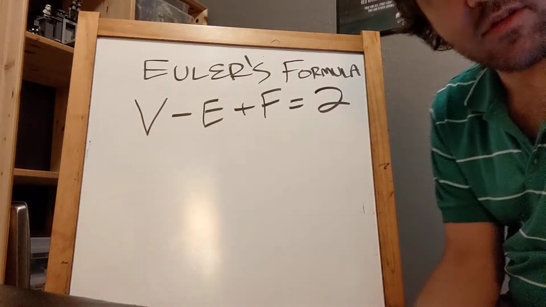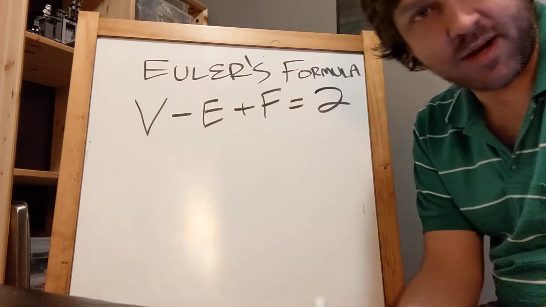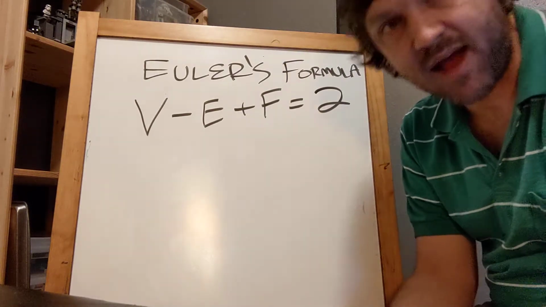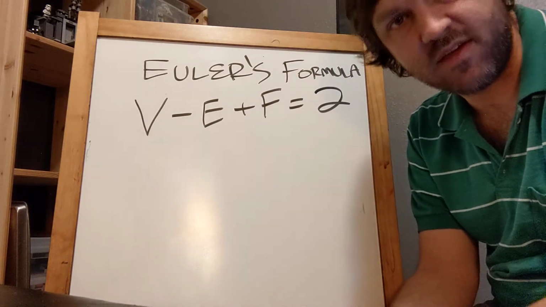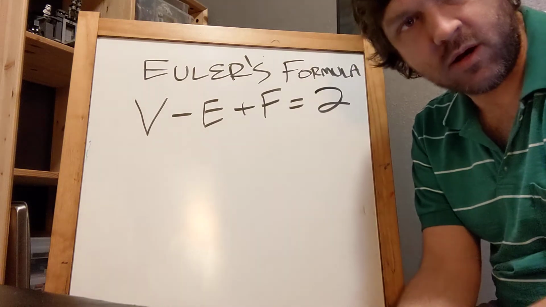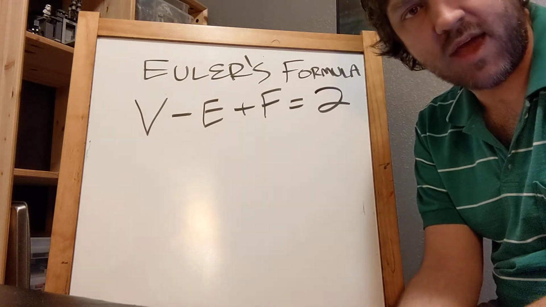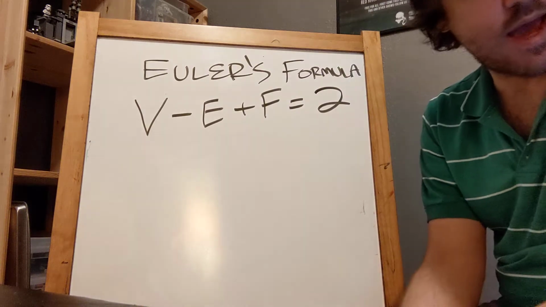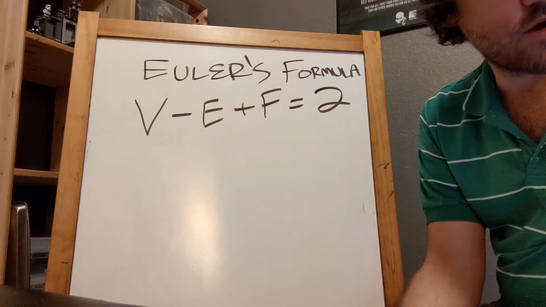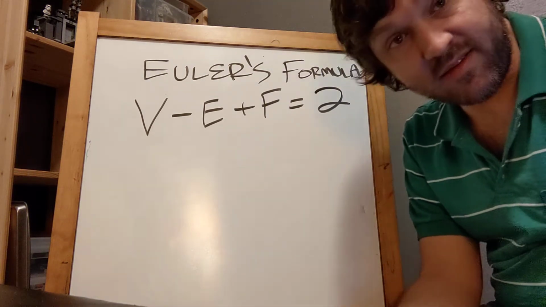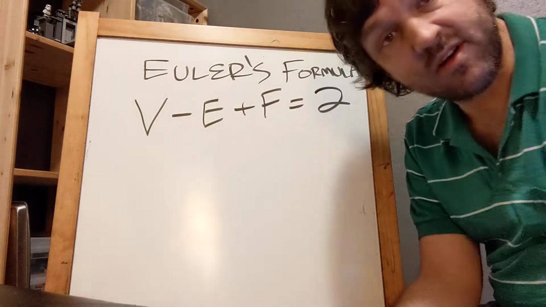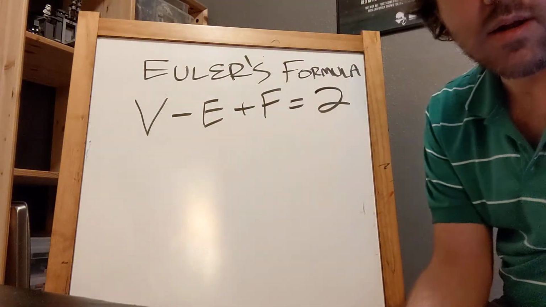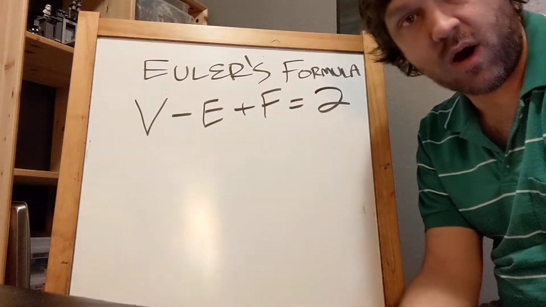I didn't give you the full story when we did Lesson 1, but now I'm giving you the details. They actually have to fit this pattern that Leonhard Euler, a Swiss mathematician who lived in the 1700s, determined that polyhedrons have to meet.